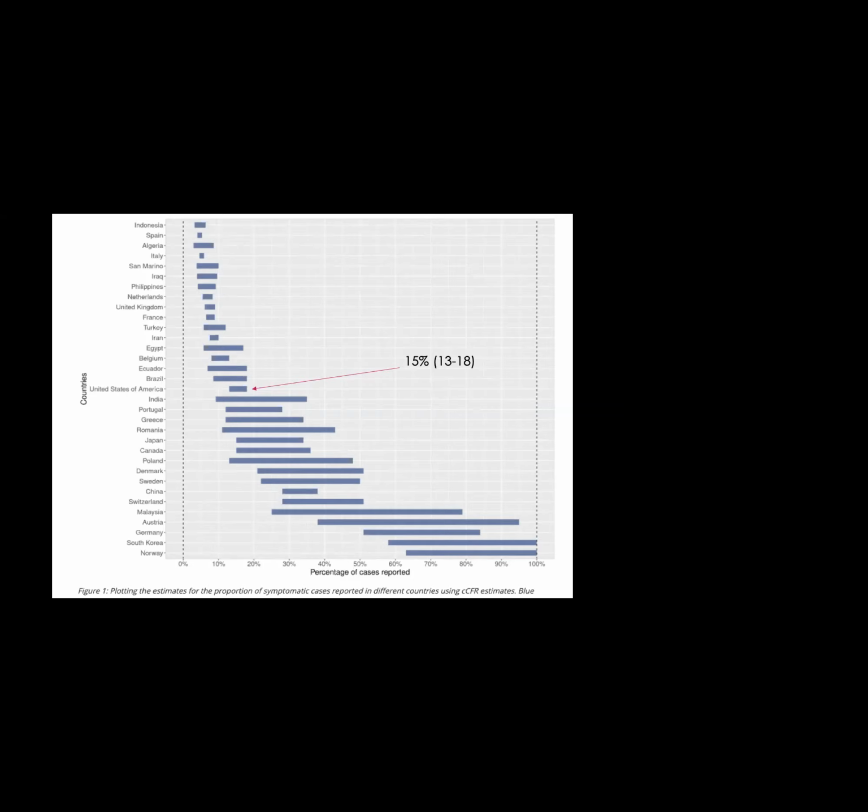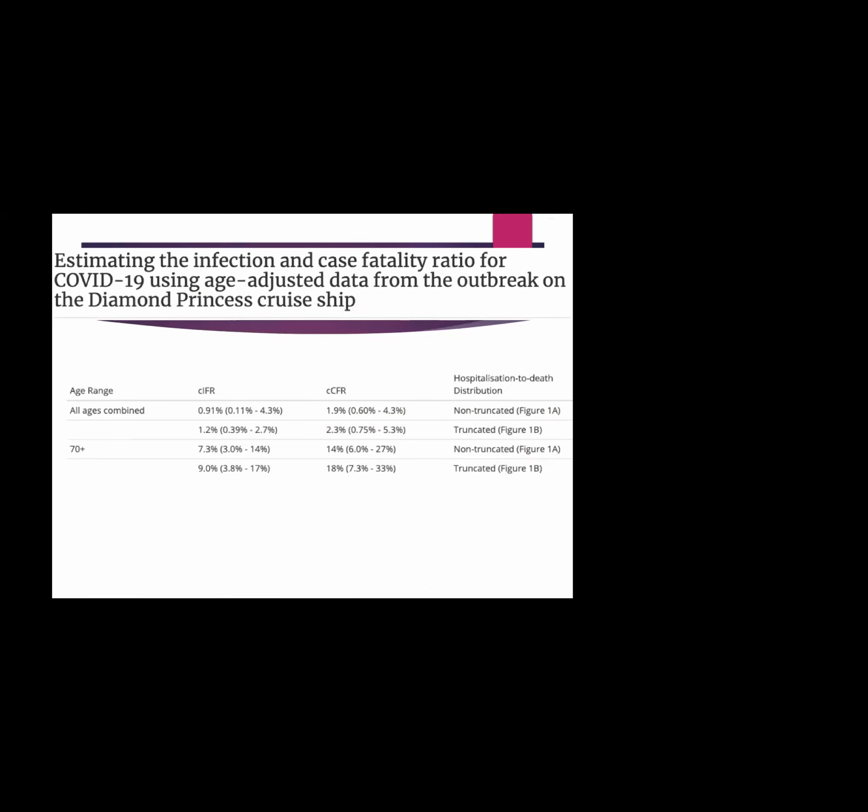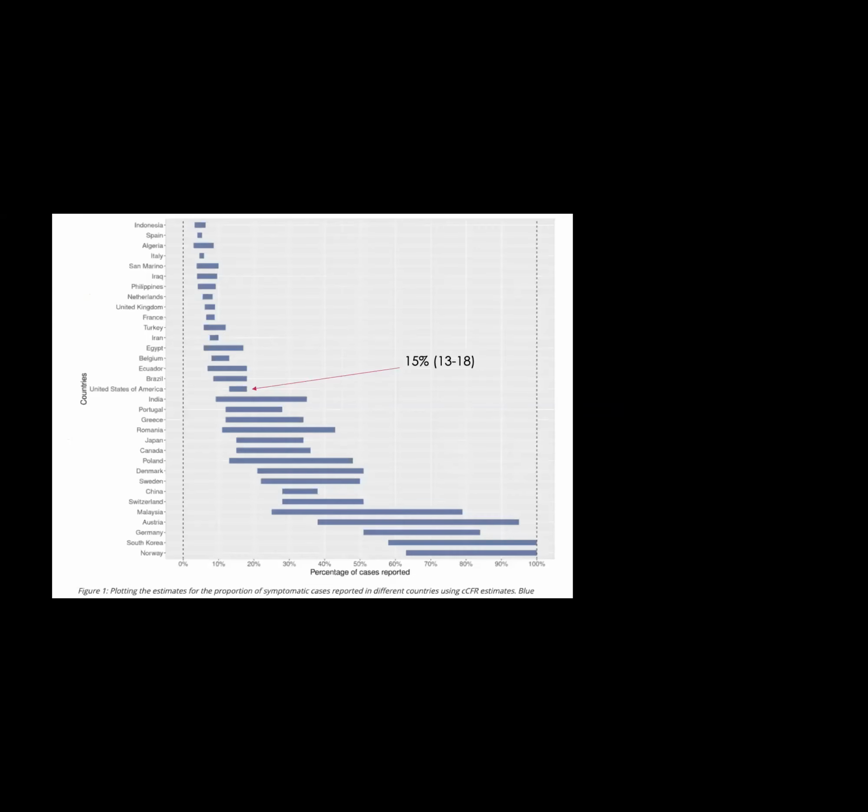If we can trust the case fatality rate, like the one I was showing you in the previous slide from the cruise ship data, we can back calculate and say we're expecting 1.5% on average. This is from a paper that actually did that. We are assuming 1.5% of those infected will die, and this is the number we're seeing now.